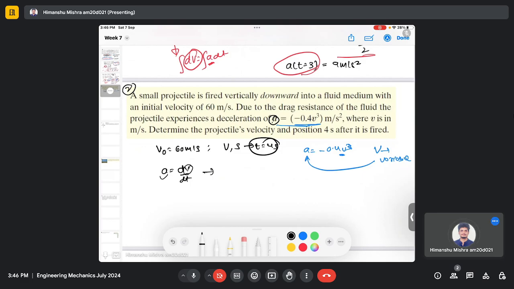So you can write dv equals a dt, and you can integrate from v0 to v, and here from 0 to t, a dt. Acceleration is not constant, which means you cannot bring this a outside. You cannot do that. So you need to solve this whole quantity.